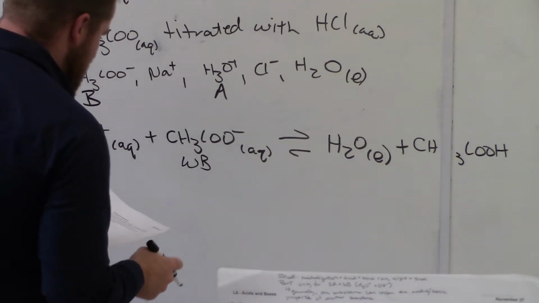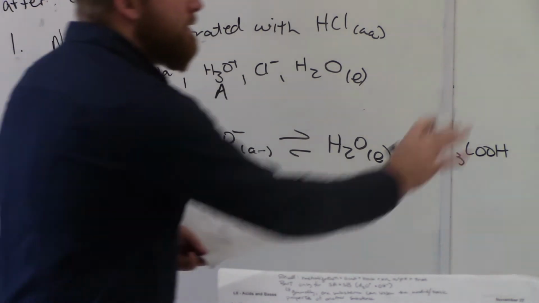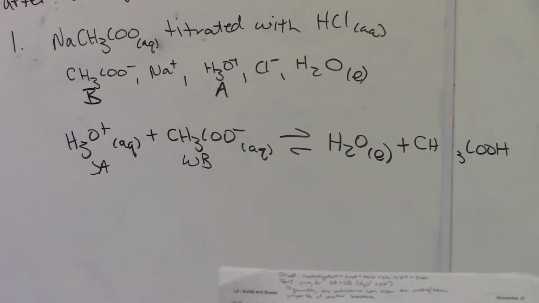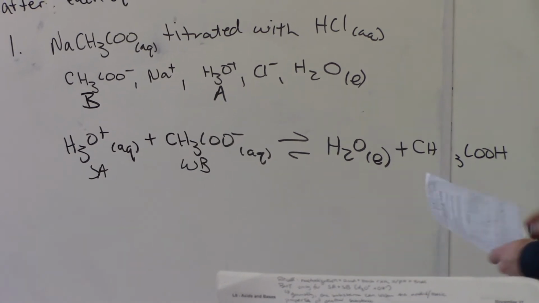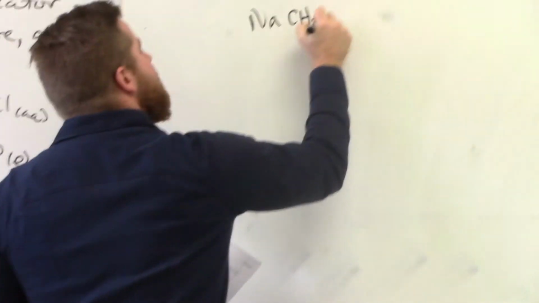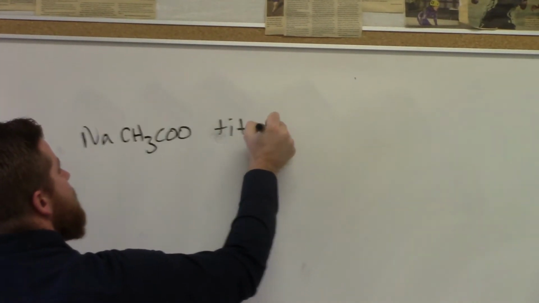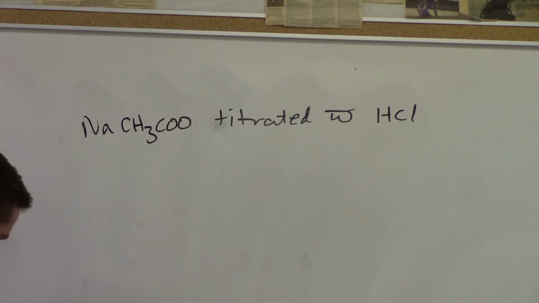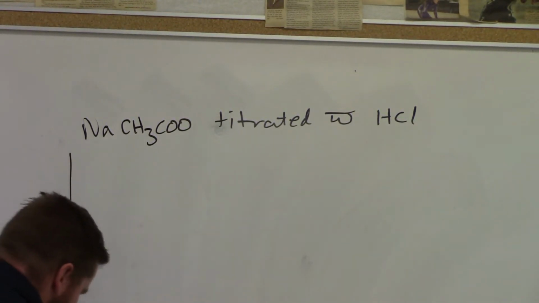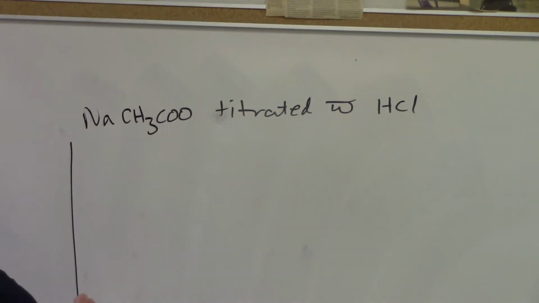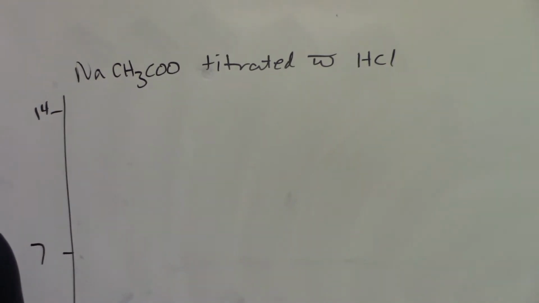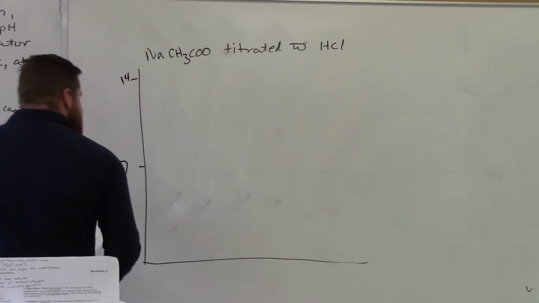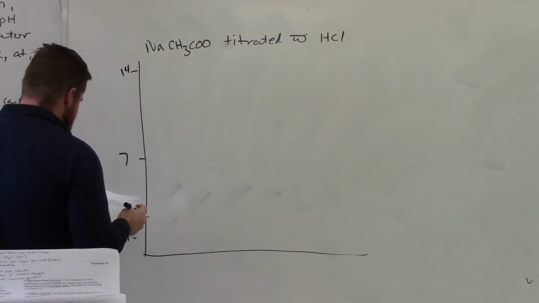So when I make my titration curve, I'm going to put it over here. This is sodium acetate titrated with HCl. So there's 7, 14, and 1. This is a strong acid and a weak base.